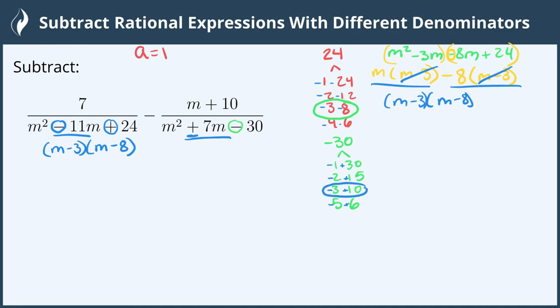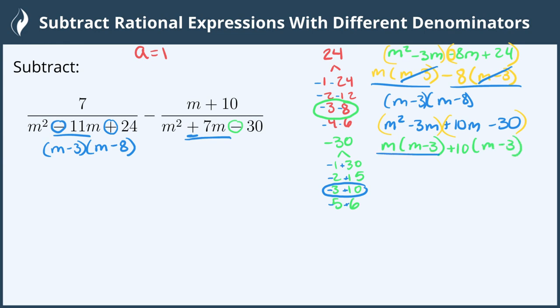So now we replace that, and we have m squared minus 3m plus 10m, using the two factors we had found to replace the positive 7m, and then minus 30. Now we factor by grouping. The first two have a greatest common factor of m, so we have m minus 3, and the second two have a greatest common factor of positive 10, so we have m minus 3.